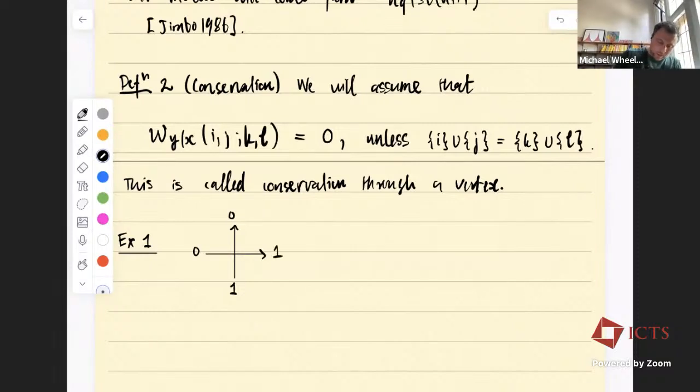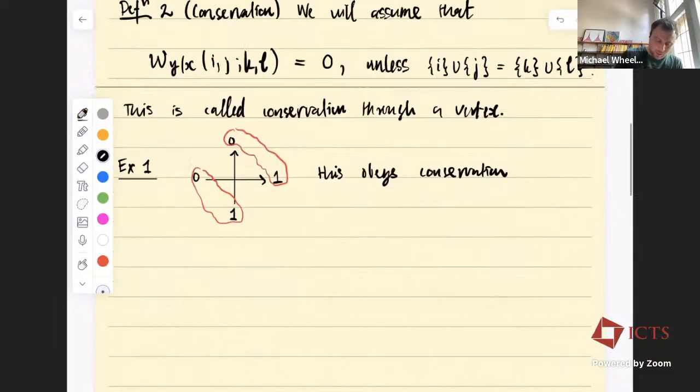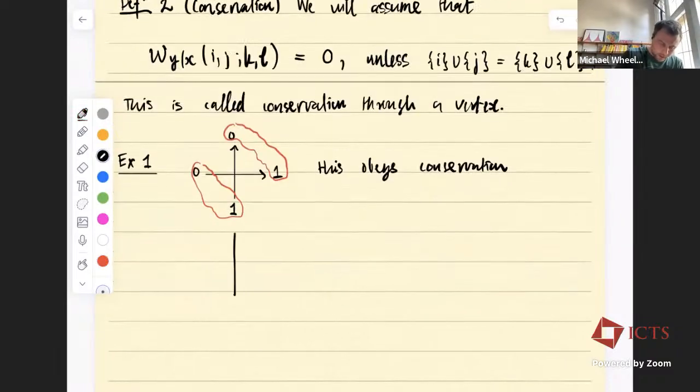Okay, so this obeys conservation. Why is that? Well, if I take the union of these 2 things, clearly that will be equal to the union of these 2. But it's not too difficult to come up with an example where this is violated. So, for example, if I have 2 1s entering and I have a 0 here and a 2, this violates conservation.